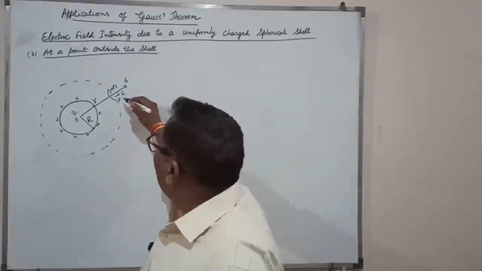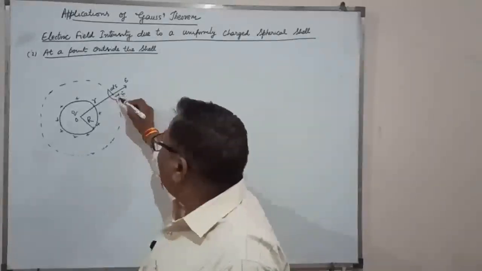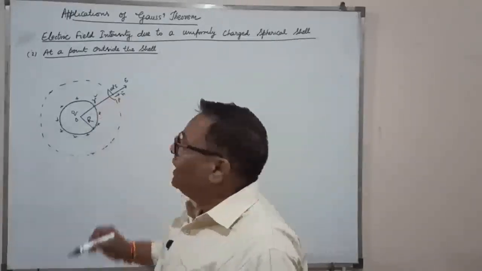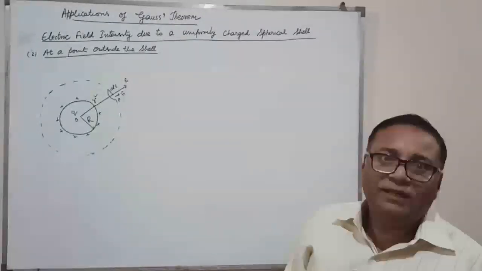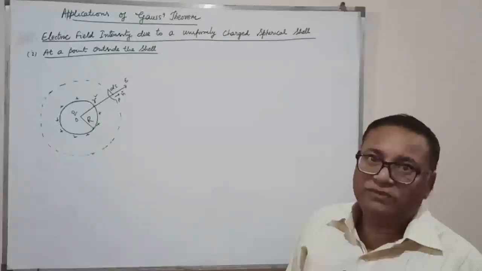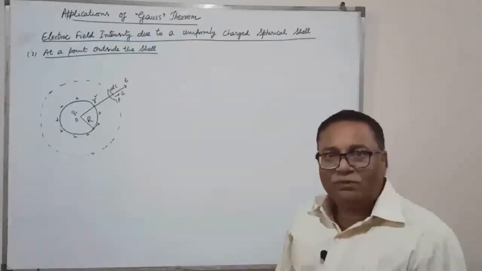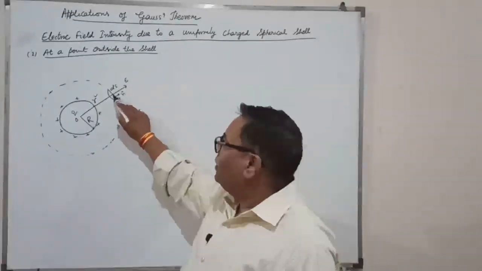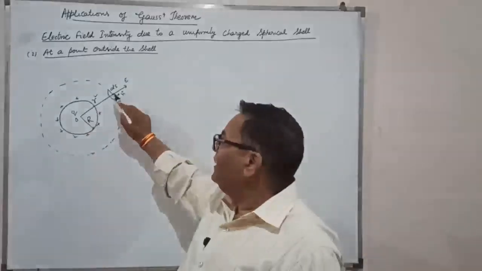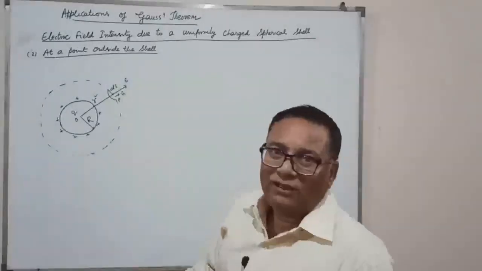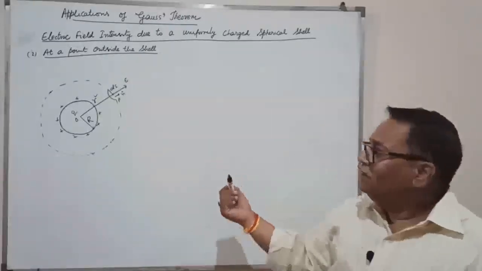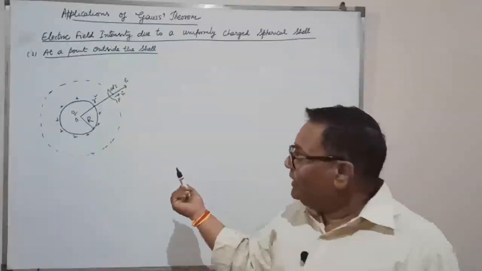And P is the point at a distance r, small r, at which the electric field intensity is to be calculated. Understand the problem? P is the point at which the electric field intensity due to this shell is to be calculated.